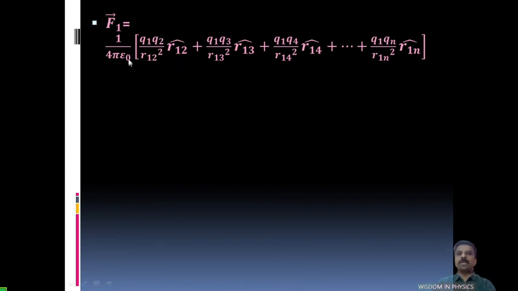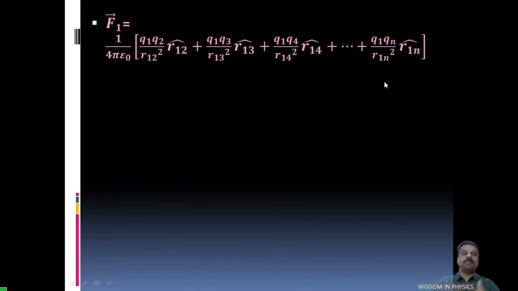The first is the force acting on Q1 by Q2, then by Q3, then by Q4, and finally by Qn.